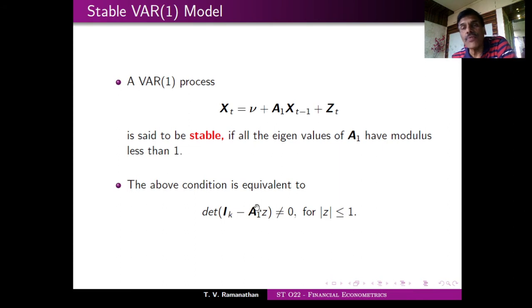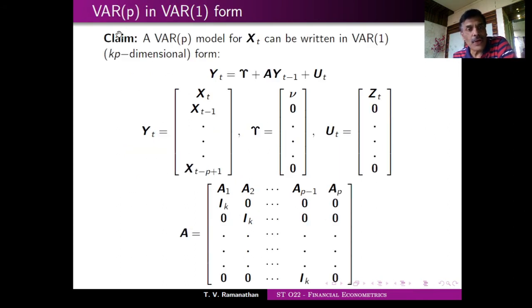So let's see how a VAR(p) model can be written as a VAR(1) model. The claim is that the VAR(p) model of x_t can be written as a VAR(1) model. What is the dimension in such a case? If this is of dimension k by 1, and you are now writing VAR(p) as a VAR(1), it will be of dimension kp.